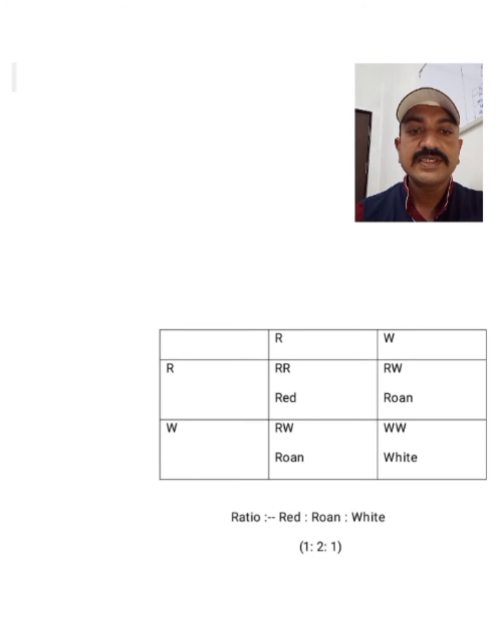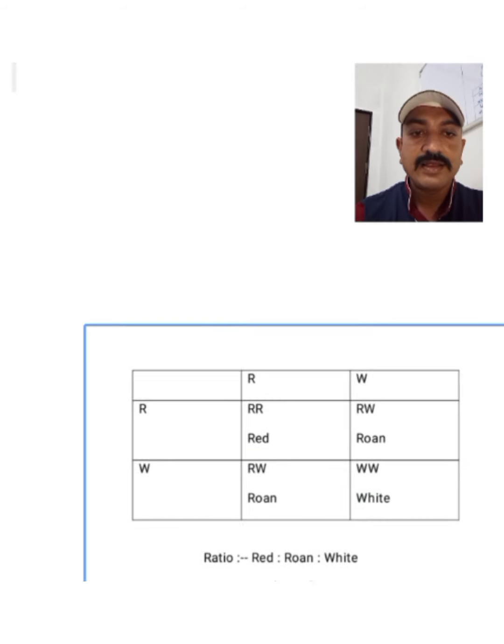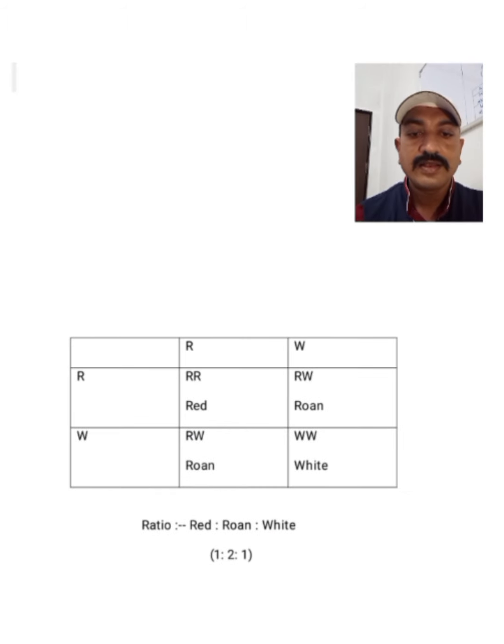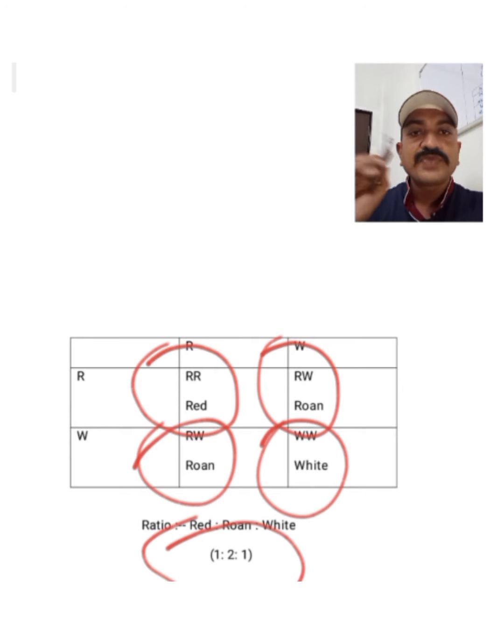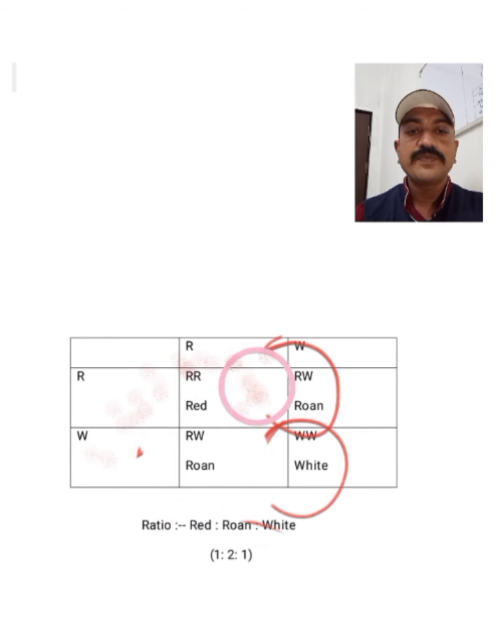In the F2 generation, the different combinations formed are red, roan, and white, in a ratio of 1:2:1. It means in the F2 generation, the parental characters as well as the new combination of characters are formed, in a ratio of 1:2:1.